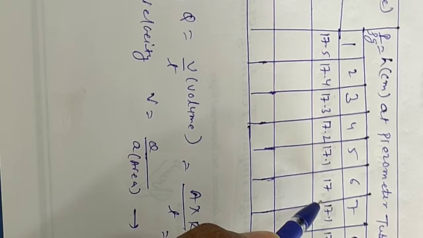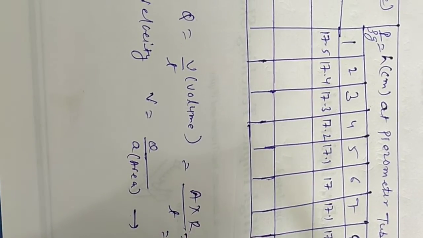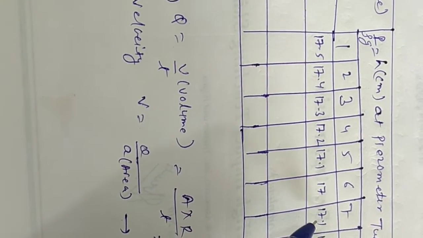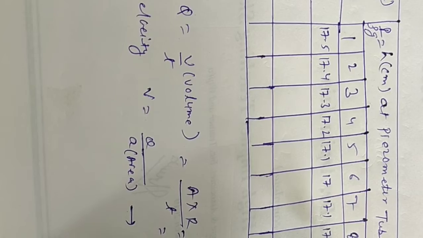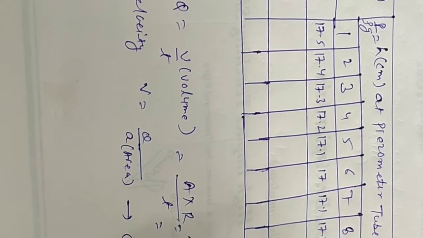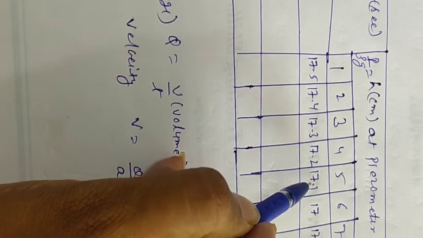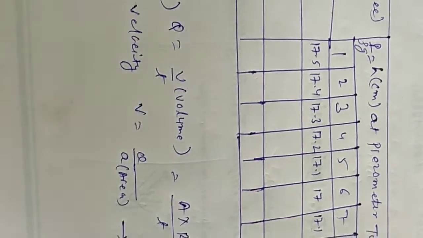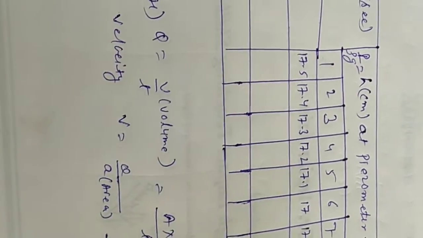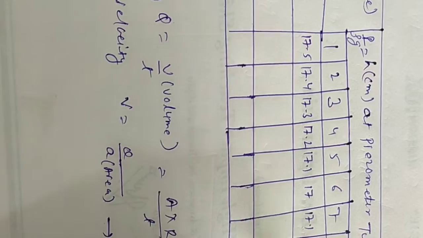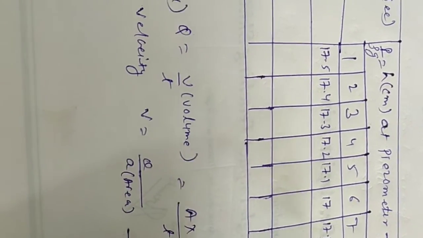Then the cross-sectional area increases, for which the pressure head is 17.1, 17.2, up to the 11th it will be 17.5. The first 5 readings and last 5 readings will be the same over here.